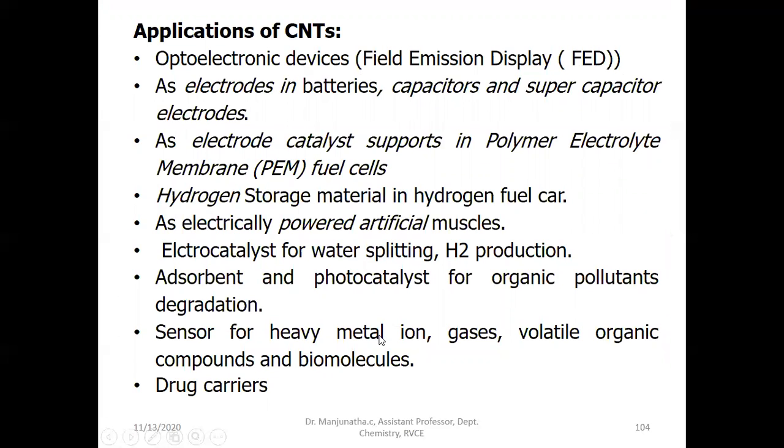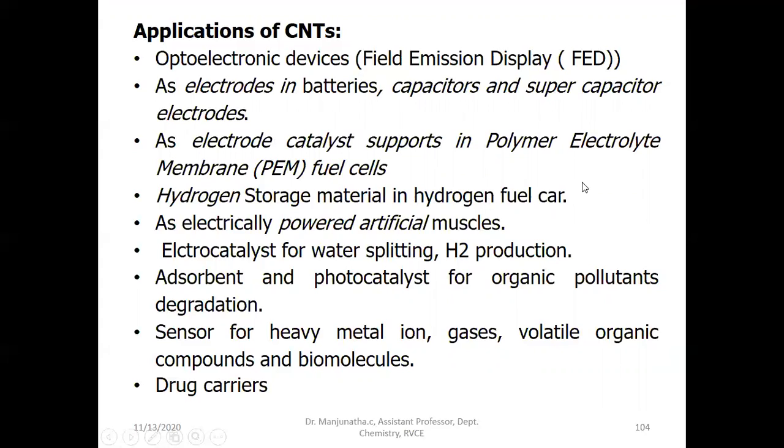Because of its wonderful structural properties, carbon nanotubes and functionalized carbon nanotubes find applications in almost all the engineering fields. In optoelectronic devices, it is used in field emission displays. In batteries, it is used as electrodes, capacitors, and supercapacitor electrodes.